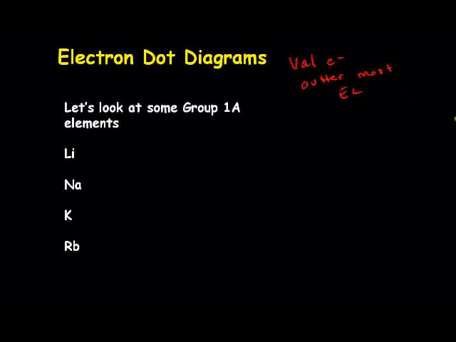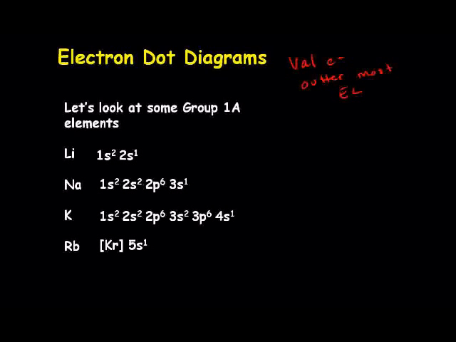So if we look at some group 1 elements, some alkali metals, we see lithium's electron configuration is 1s1, 2s1. Sodium is 1s2, 2s2, 2p6, 3s1. Potassium is 1s2, 2s2, 2p6, 3s2, 3p6, 4s1. And if we do the noble gas configuration for rubidium, we see krypton 5s1.